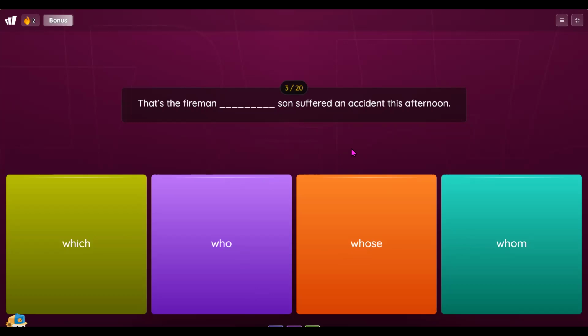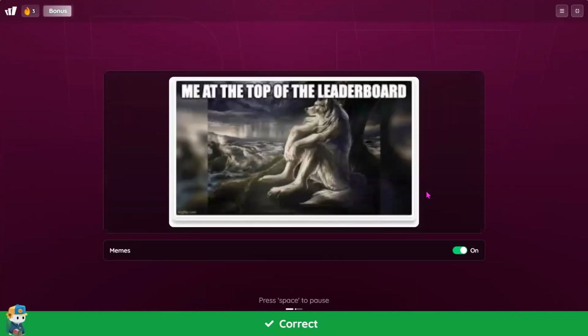The word that indicates possession is whose. Yes. Reread it. Does the fireman whose son suffered an accident this afternoon? Yay, my dear Sarah.